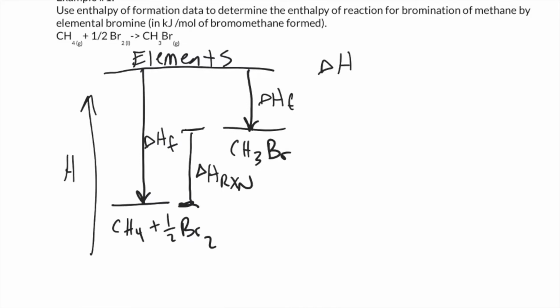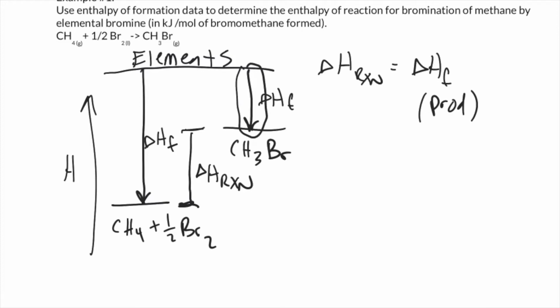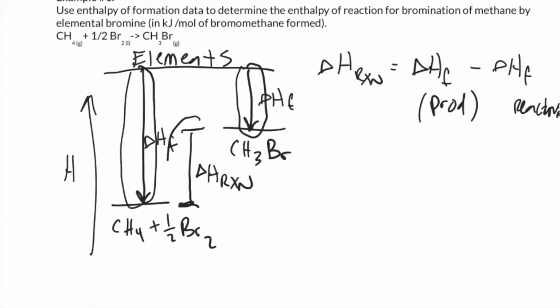So the heat of the reaction is equal to the heat of formation of the products, which is this guy right here, minus the heat of formation of the reactants. Sorry about my sloppy writing. And then that would be right here. If you subtract these two, you're going to get this amount of energy here. Okay? So let's go through it.